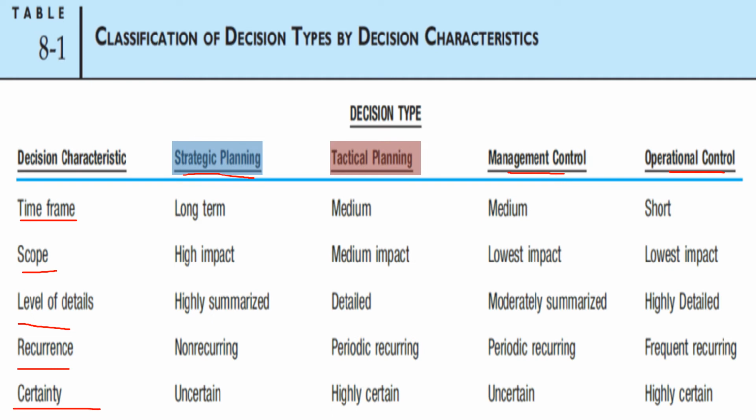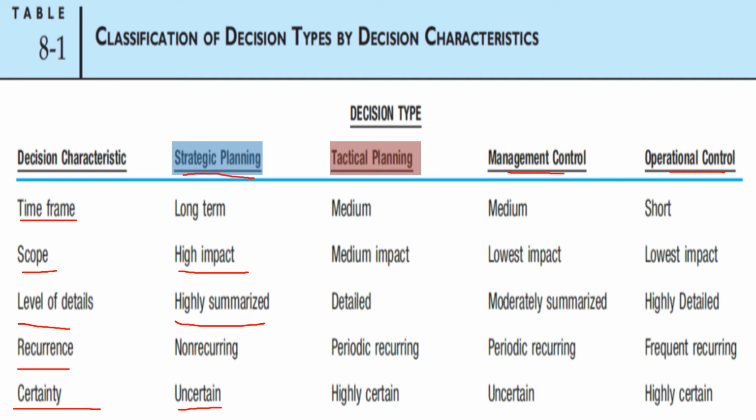So for strategic planning, it's long term. The scope has a profound impact on all levels of the company. The level of details is highly summarized, it is non-recurring, and it is uncertain because it's based on planning for the long term.